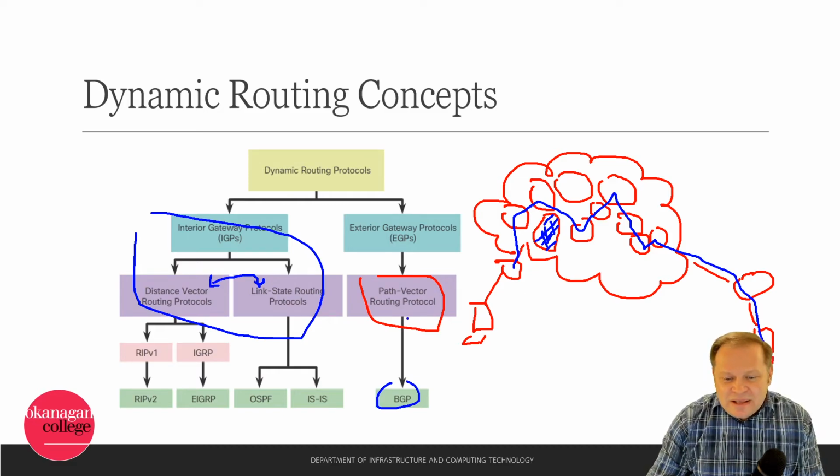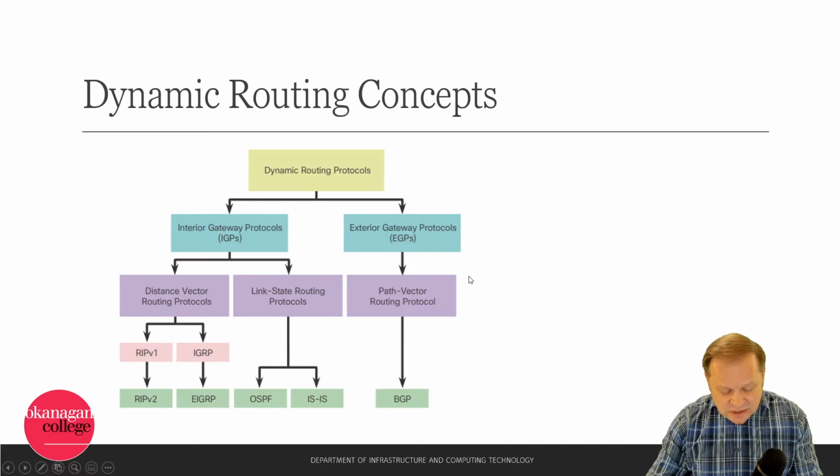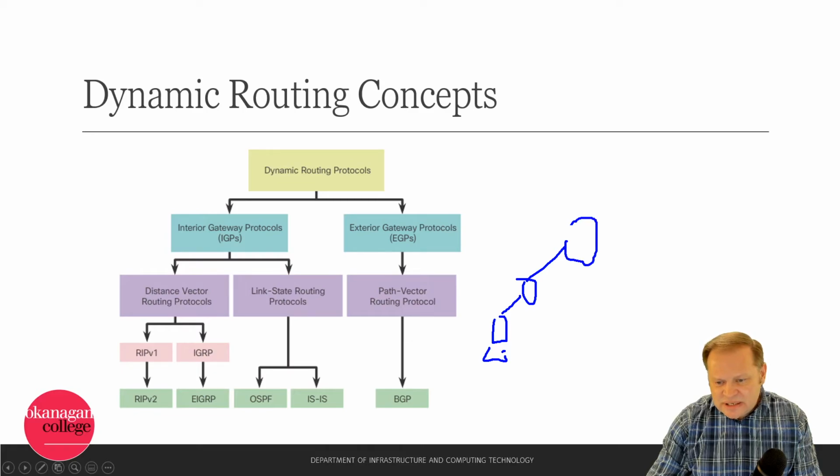Well, this is a path vector routing protocol, a blend of both, but what it's really leaning closer to is a distance vector protocol, because the way it's going to work is essentially this. I'm going to have a router. Sorry, I erased my diagram, but I have a router that's heading to an autonomous system.